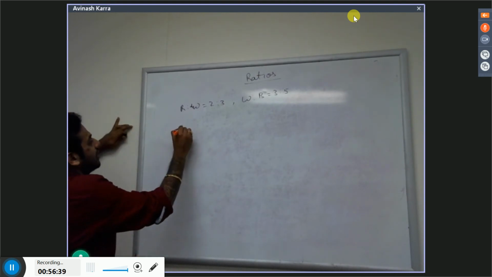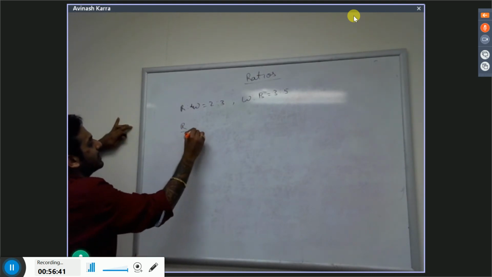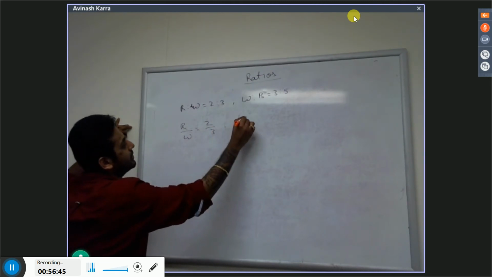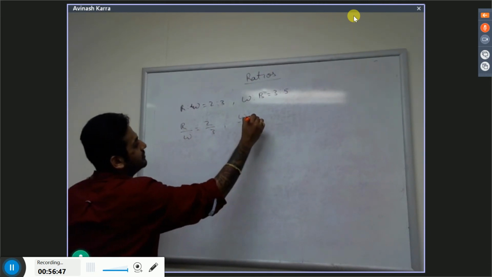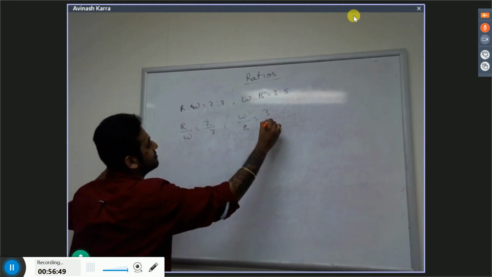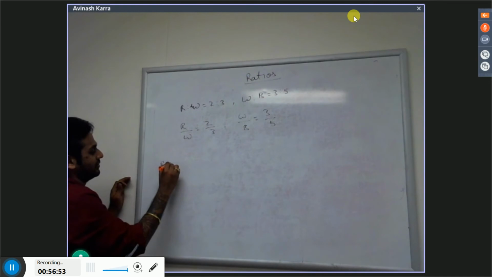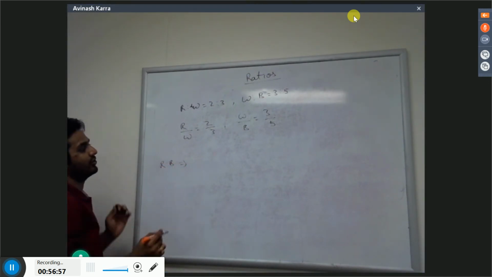Which is nothing but R by W is equal to 2 by 3, right? And W by B is equal to 3 by 5. And if they ask what is R is to B, what you need to do?